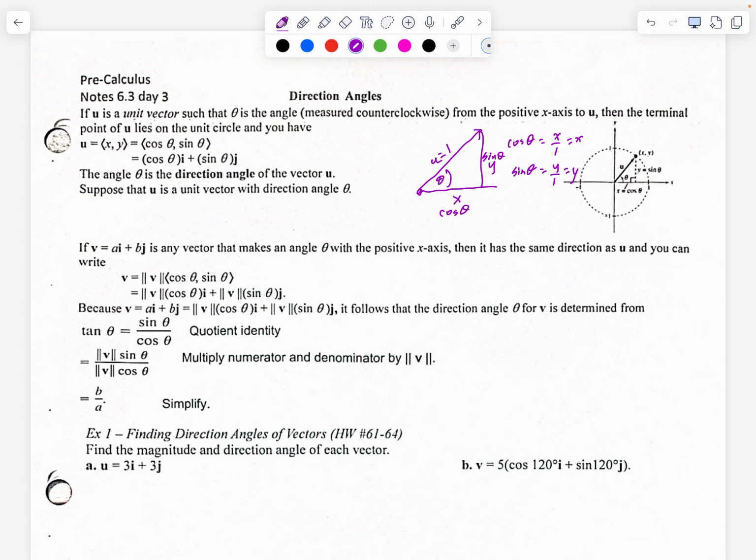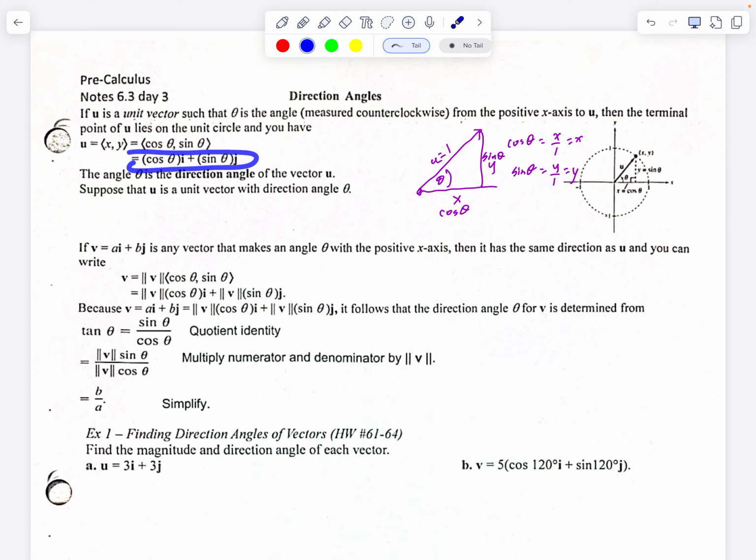And then if you write it in a linear combination, remember that's when you use the special vectors i and j, then we can just change the form to the linear combination. That is where we do the horizontal length times i and the vertical length times j. So the first is your component form.